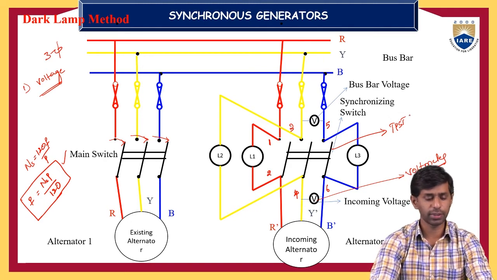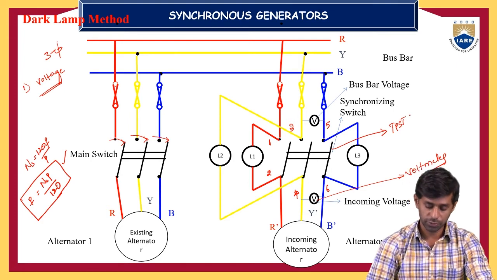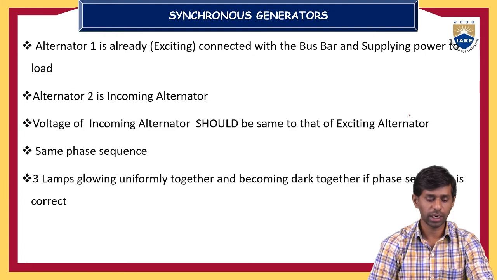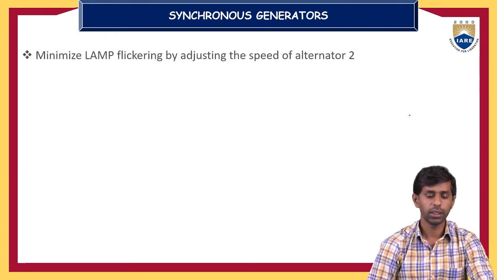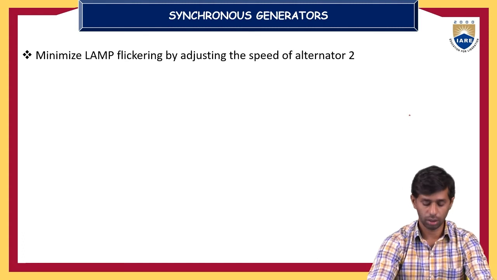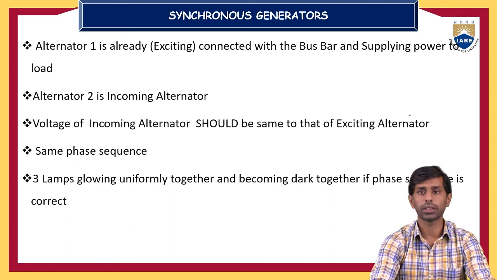Once the phase sequence is correct with the bus bar system, you have to observe the flickering of the lamps. The lamps flicker, that is on and off, glowing bright together as well as becoming dark together.